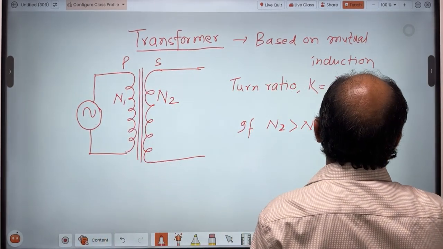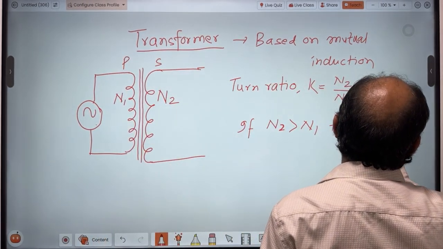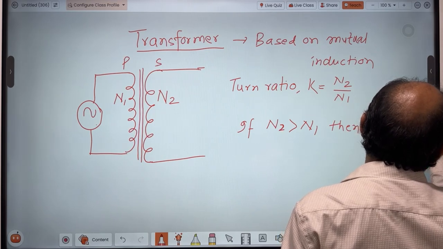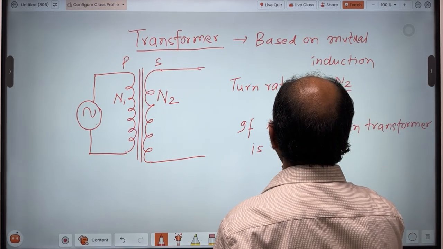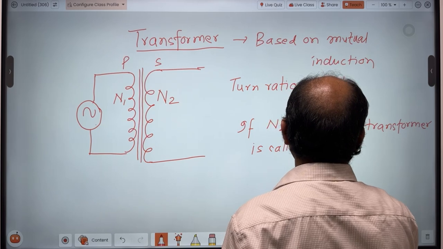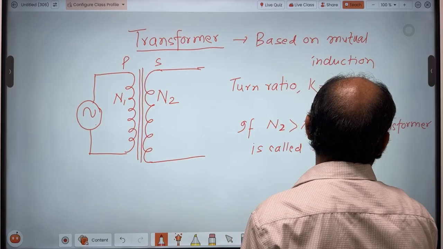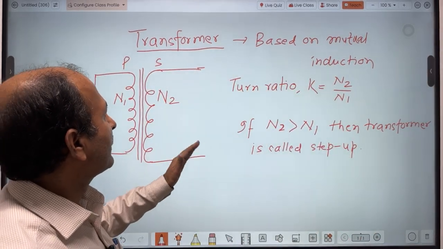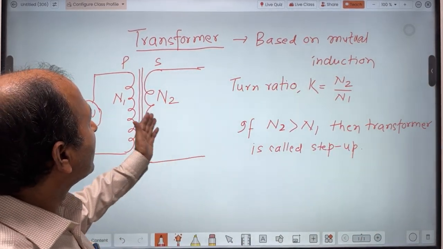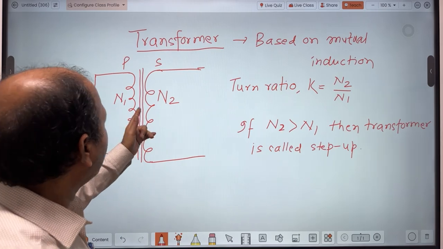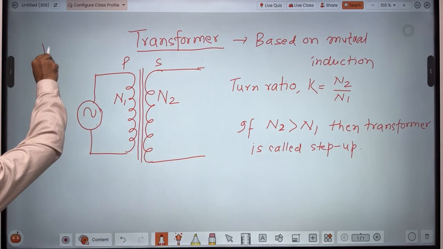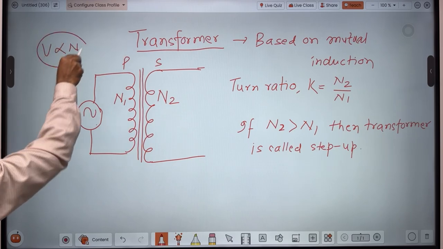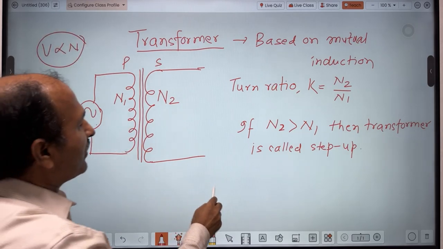Then the transformer is called step up, right? This is called step up transformer. And what does it do? It increases the applied voltage, because voltage appearing depends on number of turns. We will see the relation later on.